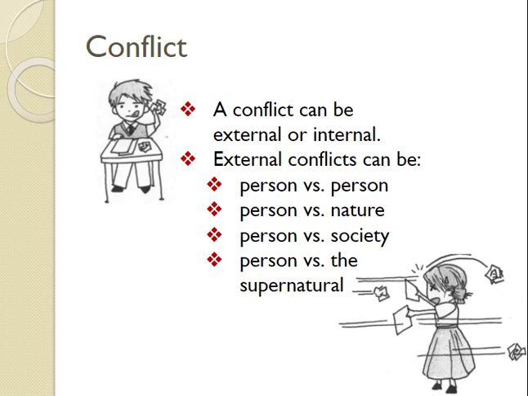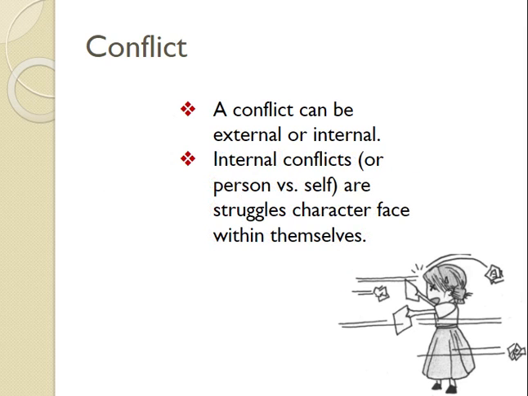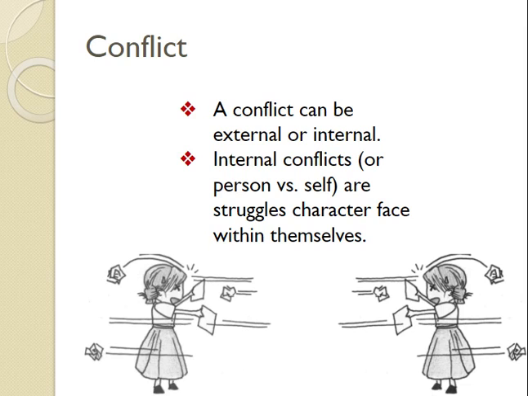You'd consider that those figures go beyond nature. So internal conflicts, just to review, are conflicts that focus on the struggles characters have within themselves. And a lot of good fiction really is largely based on that.